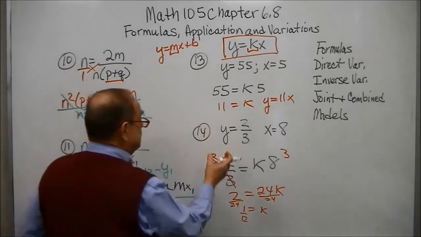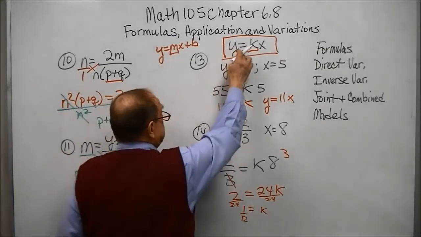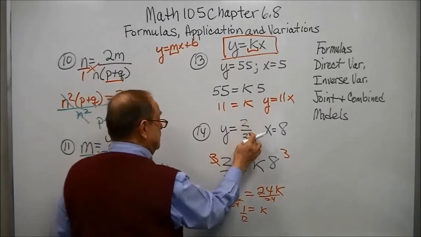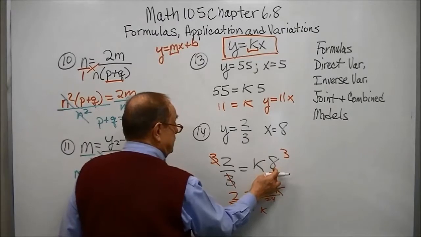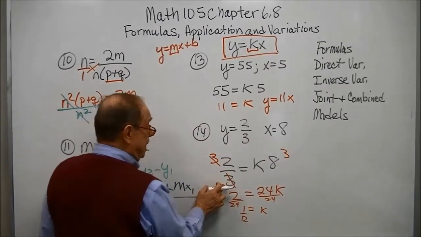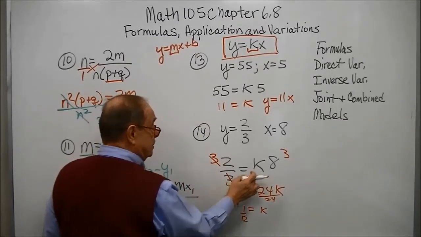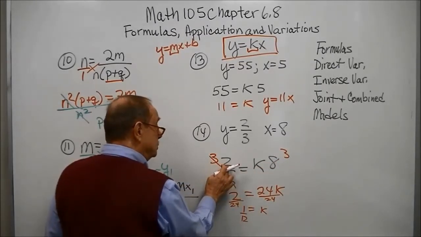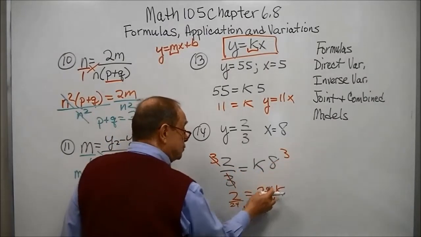And then the same thing for 14. It was different enough, so I did this one. Again, you're using this direct variation formula. You're going to put the 2/3 where the y is, the 8 where the x is, and you want to solve for k. Well, since this is a fraction, I multiplied both sides by my lowest common denominator, which was 3. Here the 3's cancel out, and I get 2 equals k, and then 8 times 3 is 24.